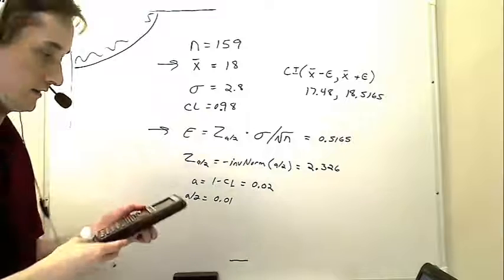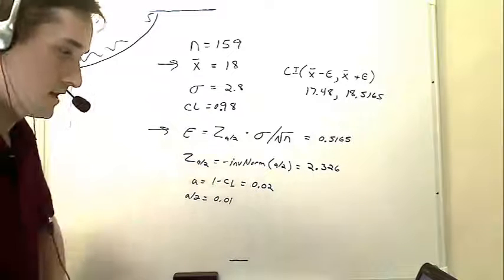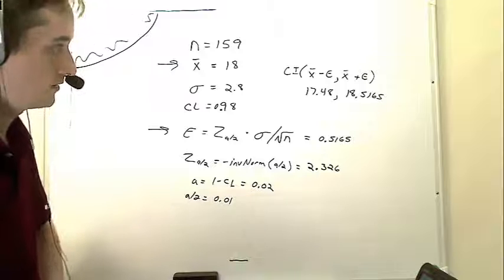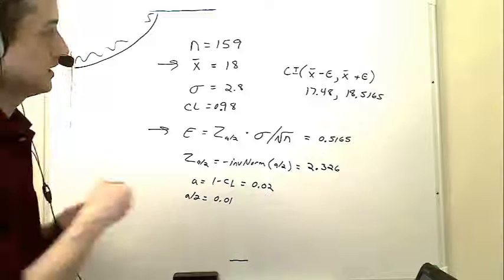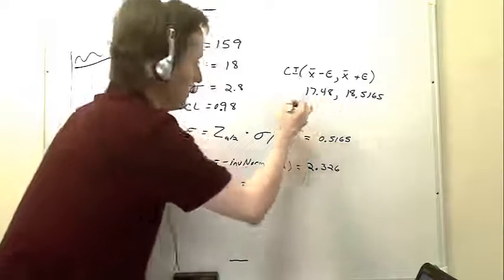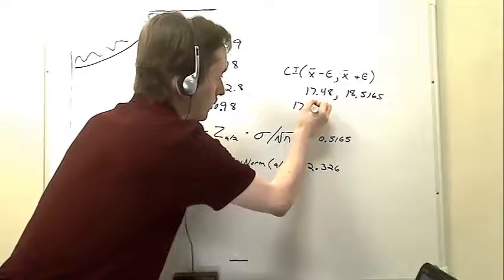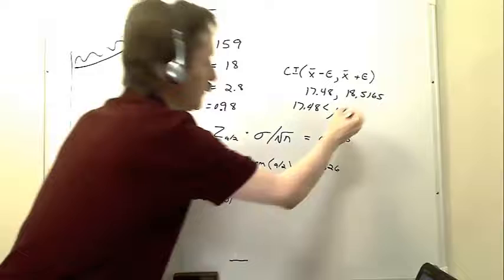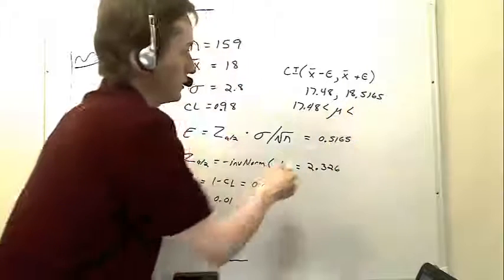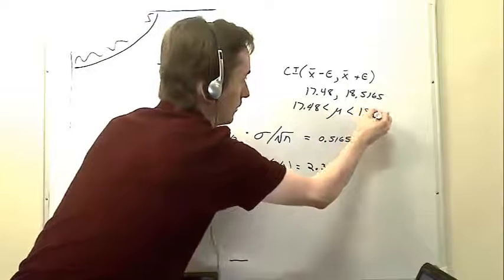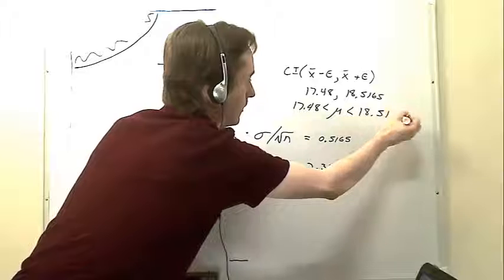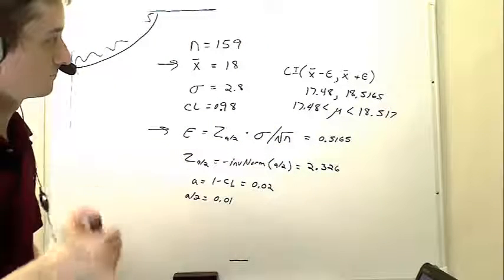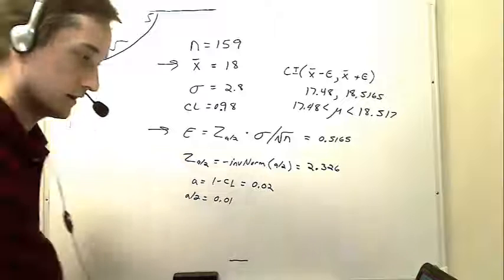I did not need a calculator for that. 17.48 and 18.51, and that is one of our answers. Another way to write this is to say 17.48 is less than the true population mean, which in turn is going to be less than 18.51, and I'll round that to 7. That's the answer to problem 8.